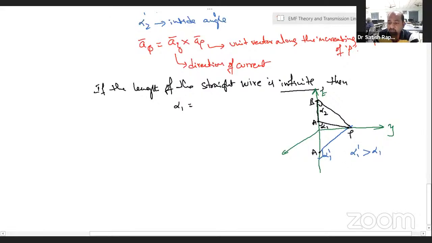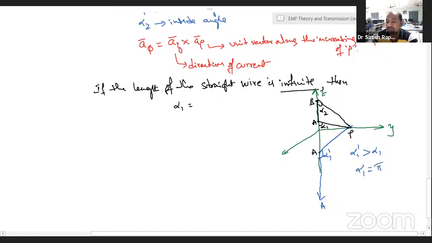So if you extend A to infinity like this, alpha 1 will go on increasing beyond 90 and become pi, 180 degrees. If A extends to minus infinity, it will become 180 degrees.